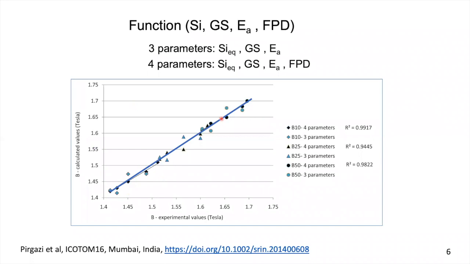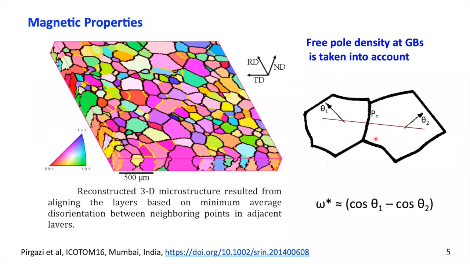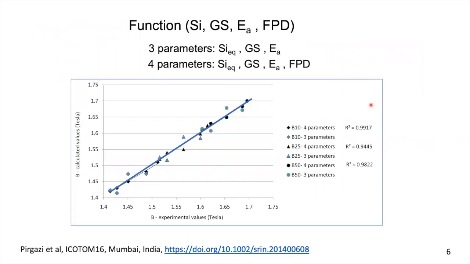And if you include also in the results the grain boundary inclination, then you can take into account the magnetic domains at these grain boundaries, or the presence of deviations of magnetic free poles at grain boundaries, virtual free poles. Then in fact you can even improve the correspondence as compared to where I had led the work 20 years before, because we did not consider these grain boundary inclinations.